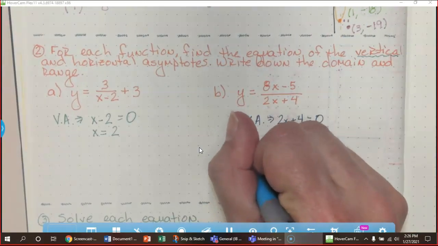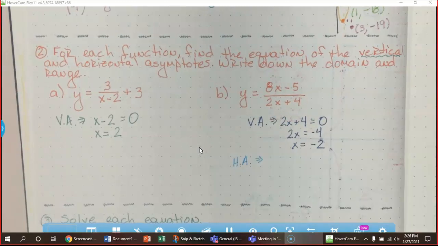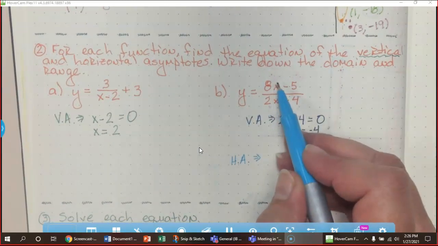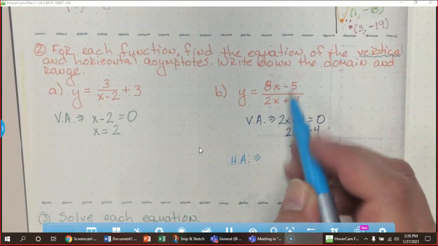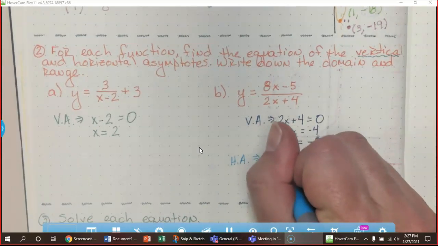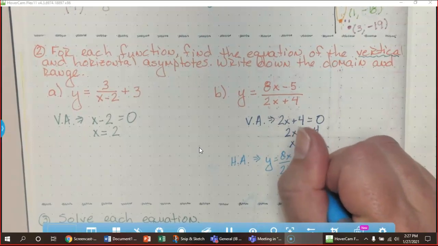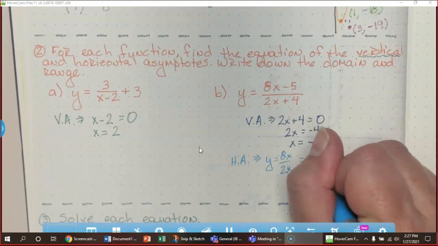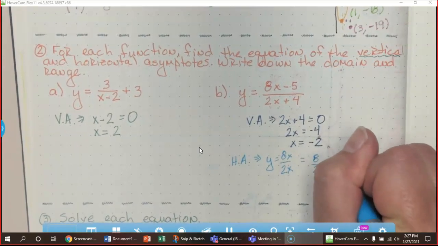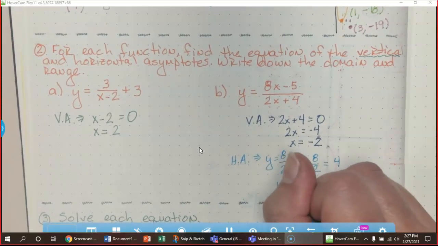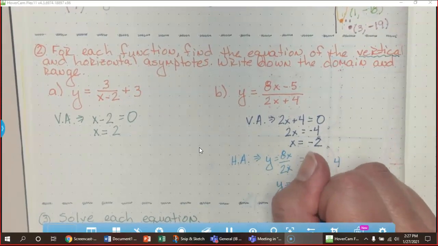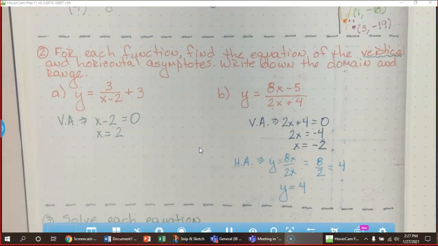So we said, hey, my horizontal asymptote occurs whenever I have the same highest power on my x's. So that becomes 8x over 2x, which we know we can reduce to 8 over 2, which then reduces to 4. So for part B, my horizontal asymptote is going to be at y equals 4.